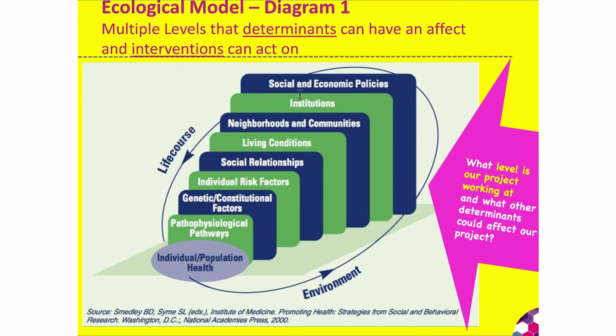Now, by looking at each of these aspects, from the individual to the family to the neighborhood and community and to the national level, we can get a good idea of what the implications of different factors are. For example, we could have changes in social and economic policy that have an impact on the funding or the priority of the health promotion project that we want to develop and implement.